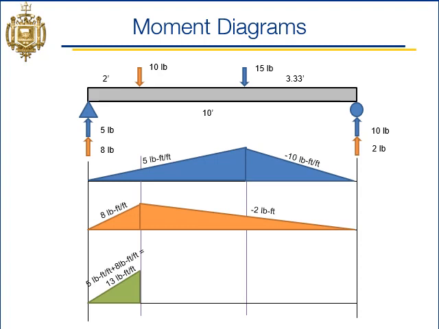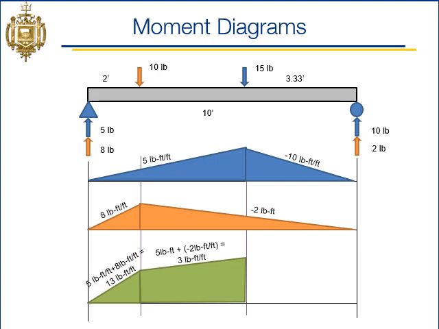So if we look at the space between the two purple lines, the blue is still bringing 5 pound-feet per foot of slope, and the orange has now changed into negative territory, so negative 2 pound-feet per foot, so we can add those up. This is going to give us 3 pound-feet per foot as our slope between the two purple lines.